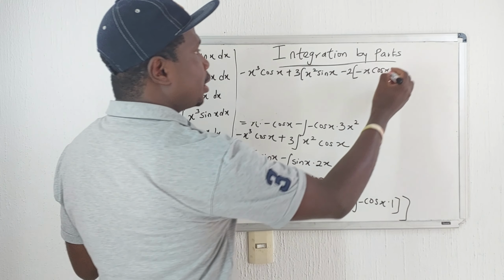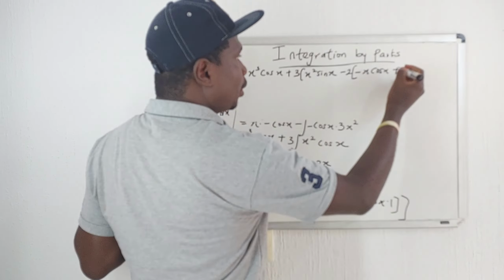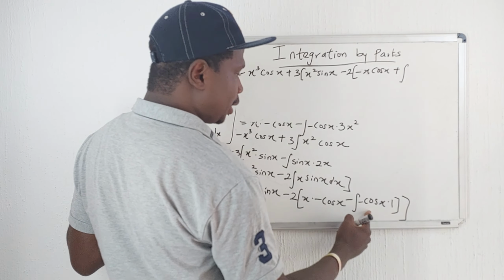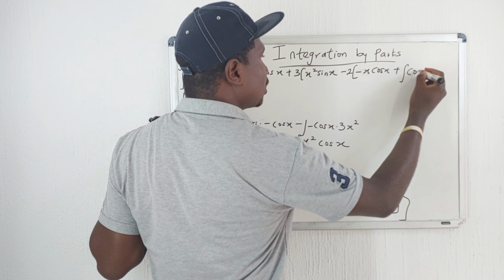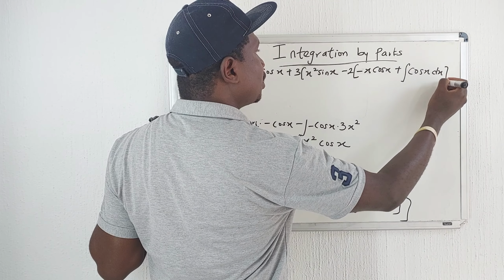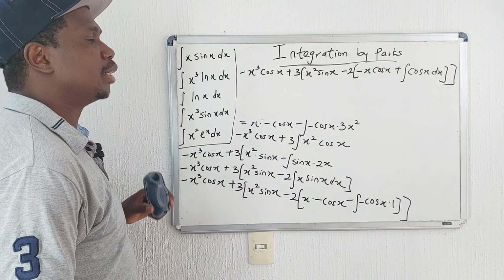Minus times minus is plus, then integral 1 times cos x is what? Cos x dx. Close this bracket, close this bracket.